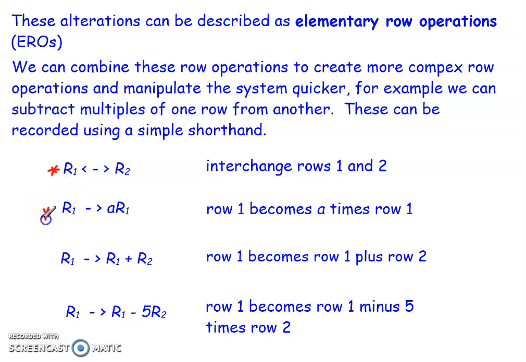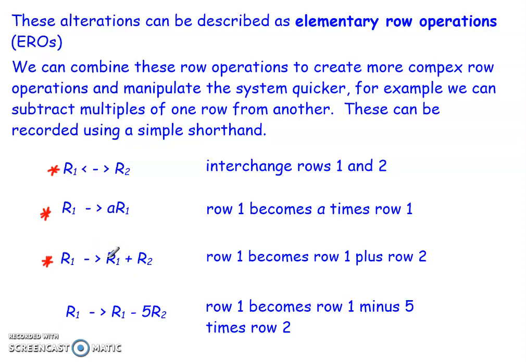The second one here is telling you that row 1 becomes A times row 1, where A is just some coefficient, some constant number. So I'm manipulating the row and I'm making it bigger if A is bigger than 1, or smaller if A is less than 1. Or I could even go negative and invert the signs of the entire row. The third notation I've got here is that row 1 becomes row 1 plus row 2.